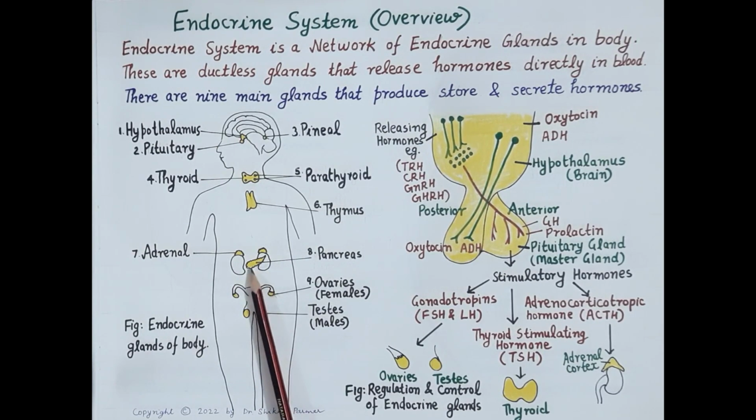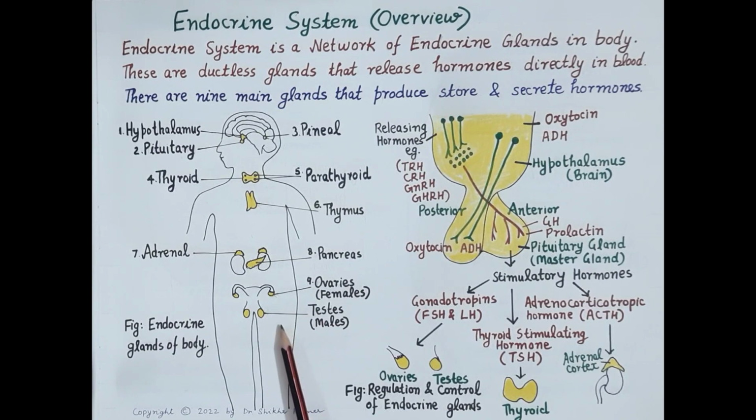Then the pancreas. The pancreas is an elongated leaf-like structure located in the upper part of the abdomen. The pancreas produces insulin and glucagon. Insulin and glucagon are the 2 hormones that regulate levels of glucose in the blood. The next endocrine glands are the ovaries in the females and testes in the males.